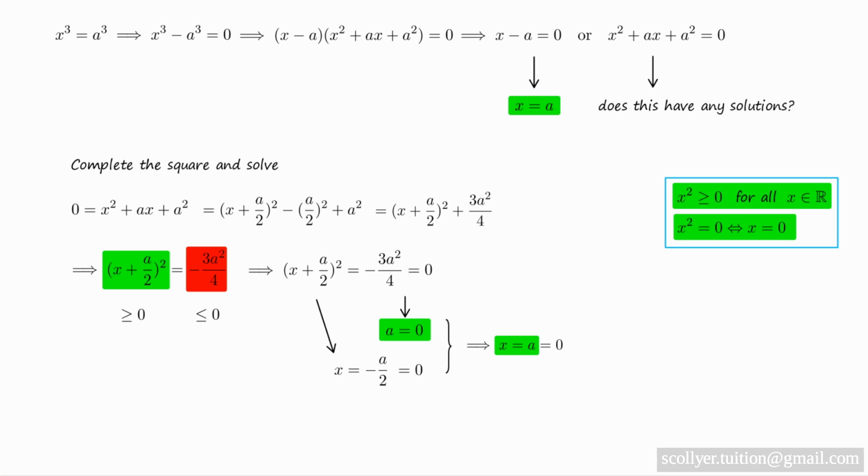So the only solution to the equation x² + ax + a² = 0 also has the form x = a. And so we have shown that x³ = a³ implies x = a for all x and a in R as required.